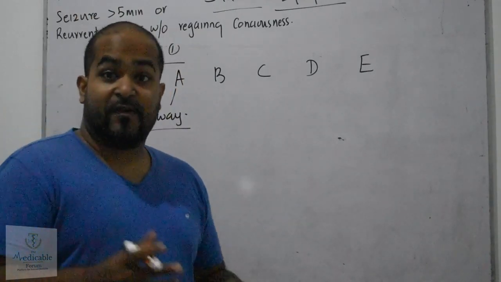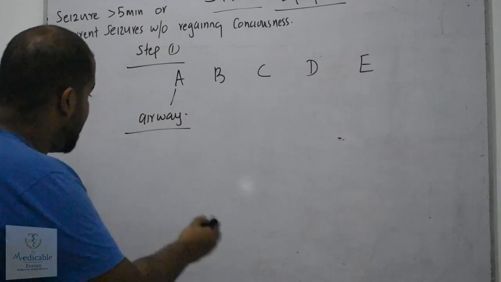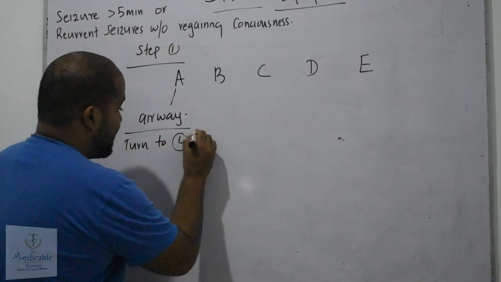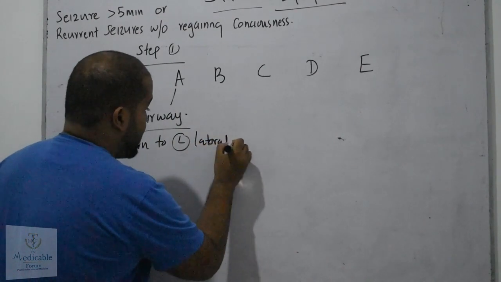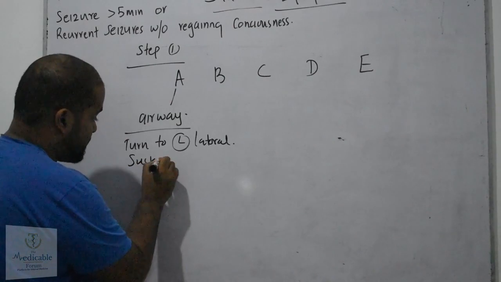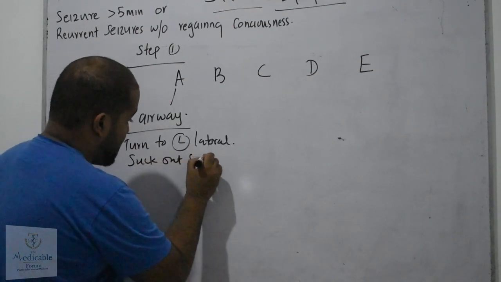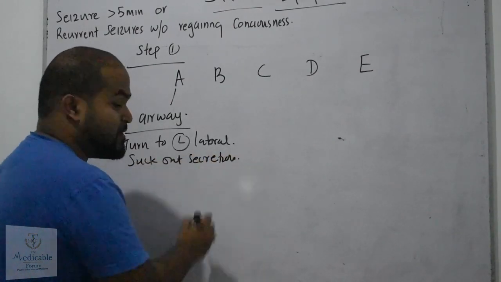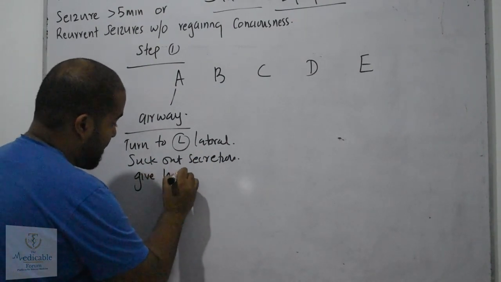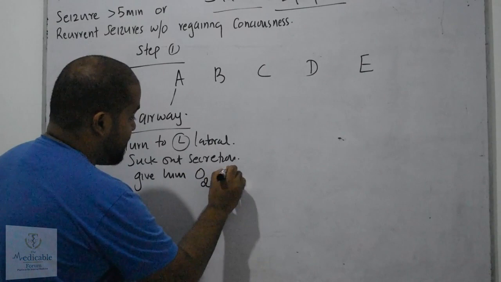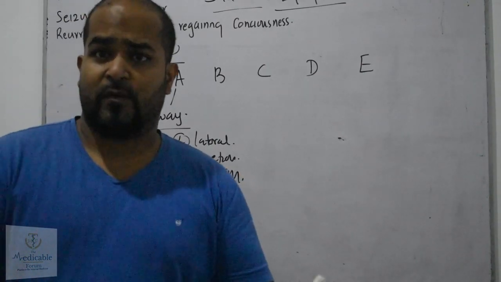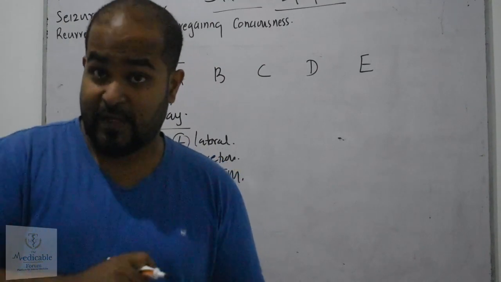If he is patent, if he is breathing, you turn the patient to the left lateral. You need to suck out secretions. You need to give him oxygen via a face mask.